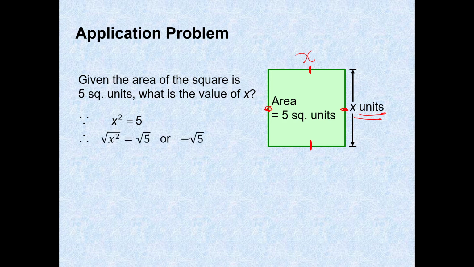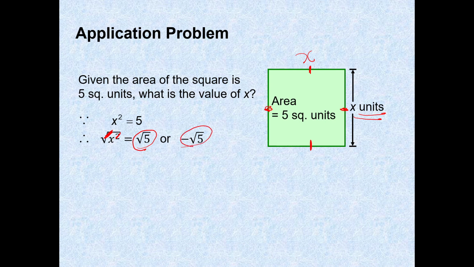Next, in order to cancel out the square on the left-hand side, we may use the square root because the square root can be cancelled out with the square. But on the right-hand side, remember to make it balanced. We have to put the square root as well. On the right-hand side, we need to write two answers because there is a positive square root as well as a negative square root.